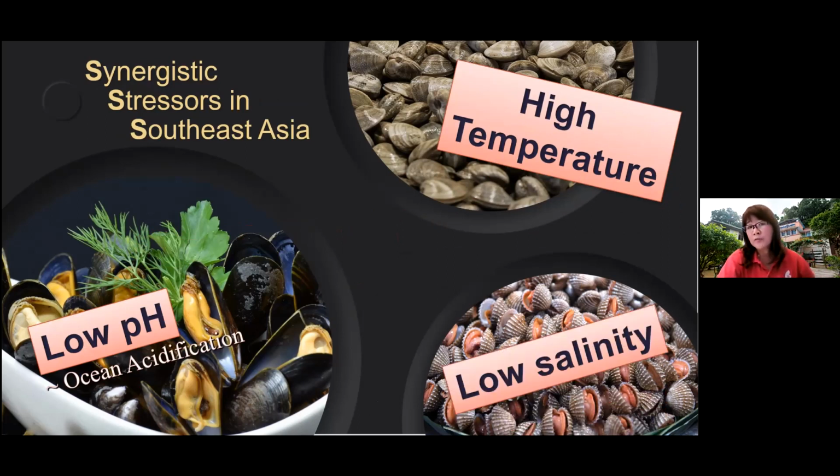And for the case in Southeast Asia and also in Malaysia, it is mainly low salinity, because we are actually talking more on coastal acidification, where freshwater input has been playing a more significant role in changing the environment.